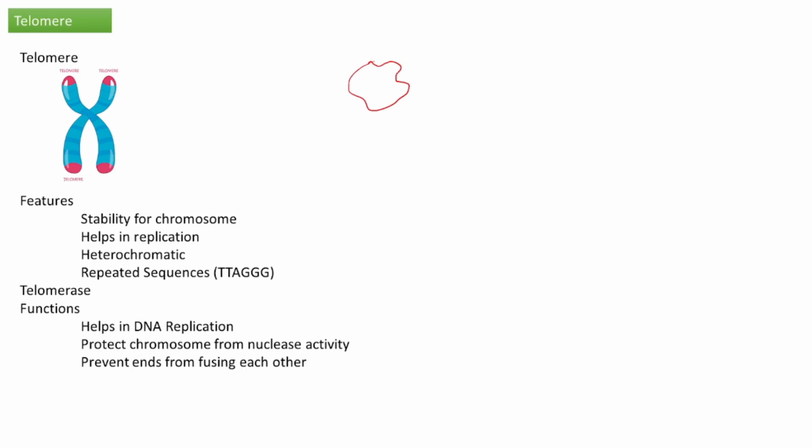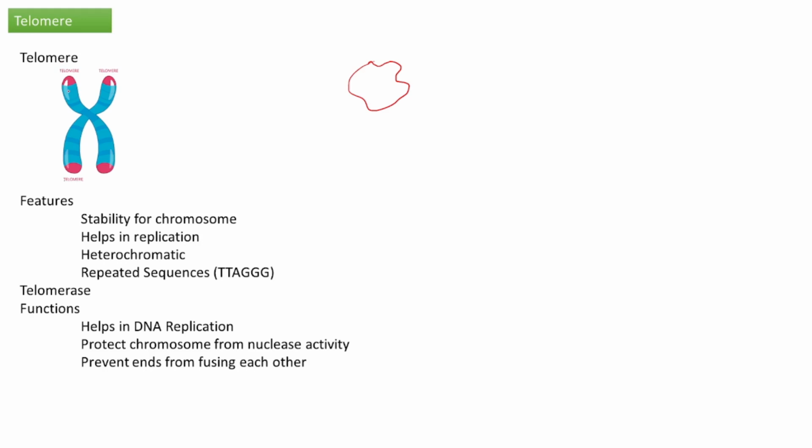In a generalized way, it is considered that telomeres are absent in prokaryotes. But in eukaryotes, the chromosome has ends, and the DNA sequence seen at the end of the chromosome is called telomere.